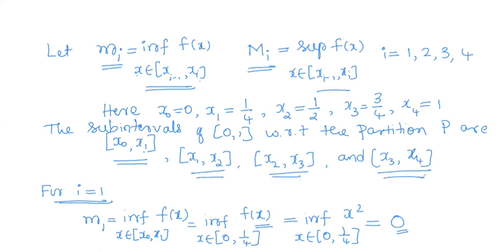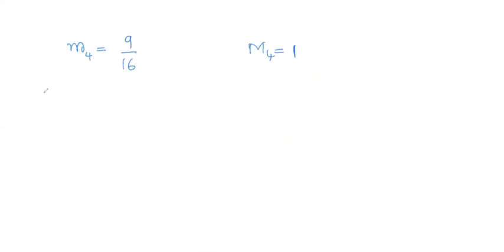Now define the lower Riemann sum and the upper Riemann sum. Consider the lower Riemann sum with respect to this partition. It is actually the sum of all mi into delta xi. Here, how many intervals are there? 4 intervals, so i runs from 1 to 4.